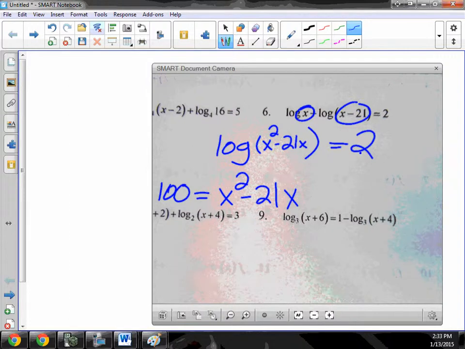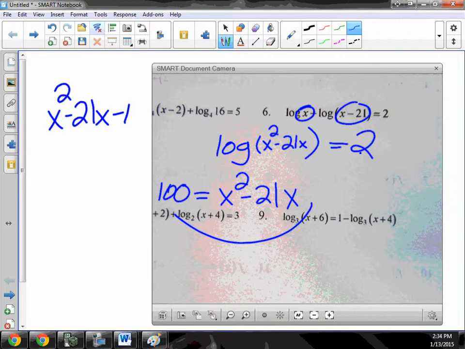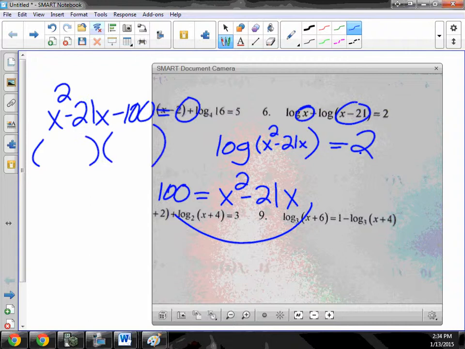Now what? I need to set it equal to 0 so I can factor it. It's a quadratic. So I subtract the 100 to the other side. X squared minus 21x minus 100 equals 0. So I'm looking for two numbers that multiply to be negative 100 and add to be negative 21.